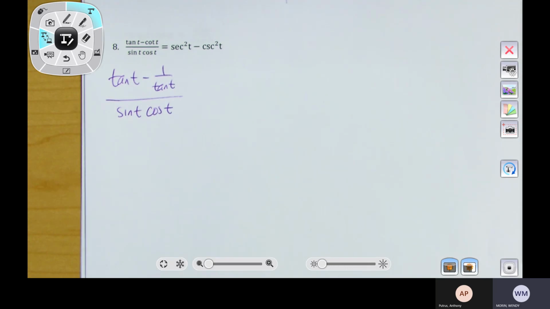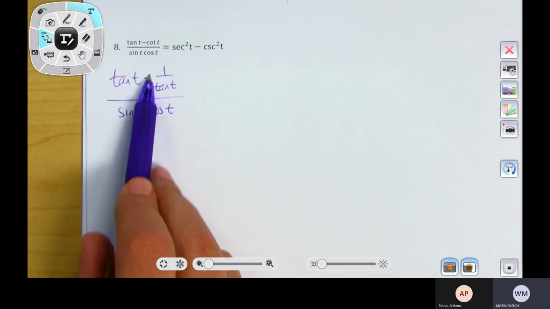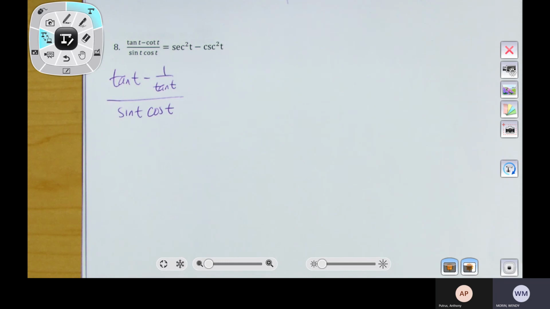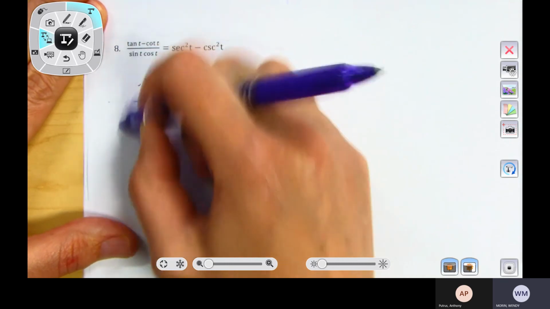So I can't cancel anything, right? I mean, it's not wrong, but I would have to combine fractions, and I have to divide by this. So I'm going to avoid fractions within fractions whenever possible. It's not wrong. I'm going to try something else because I think it might take me too long. It's not wrong. So that's a start.